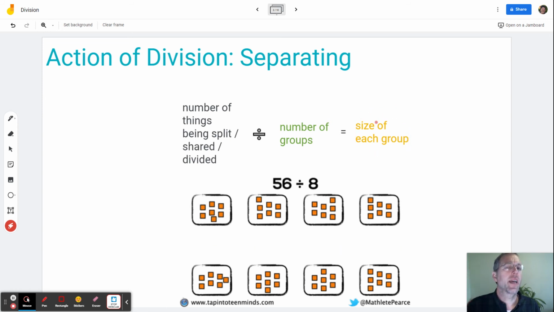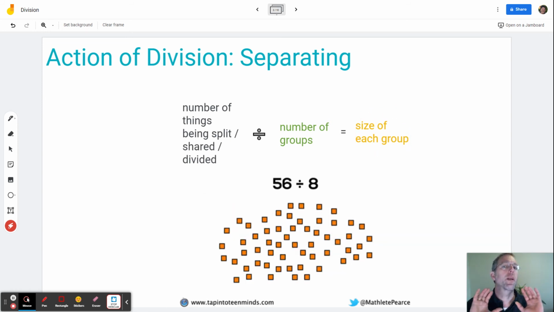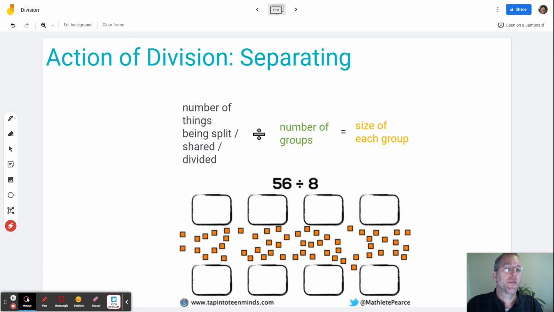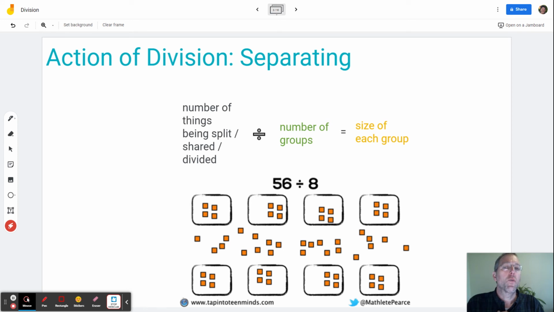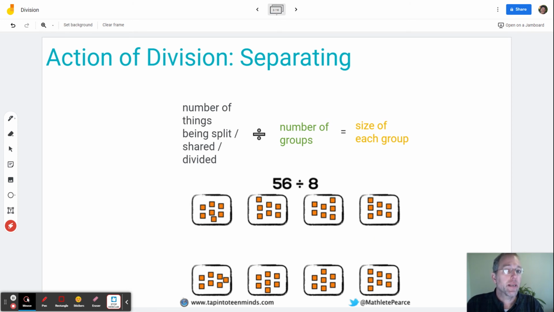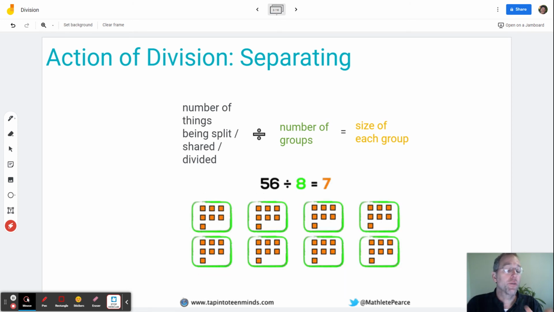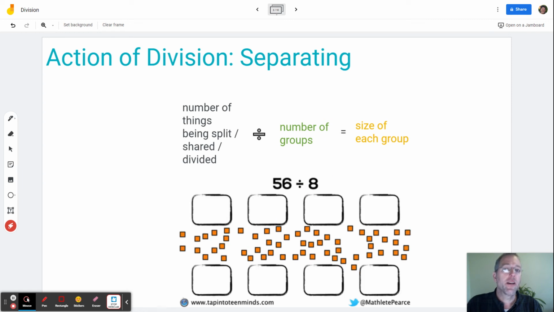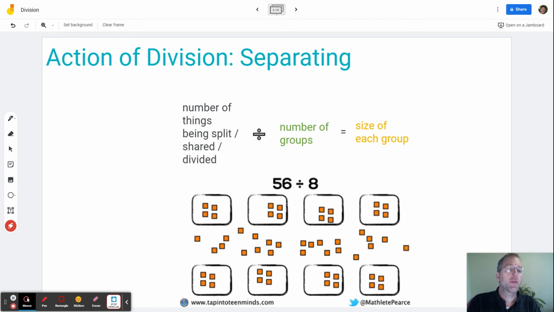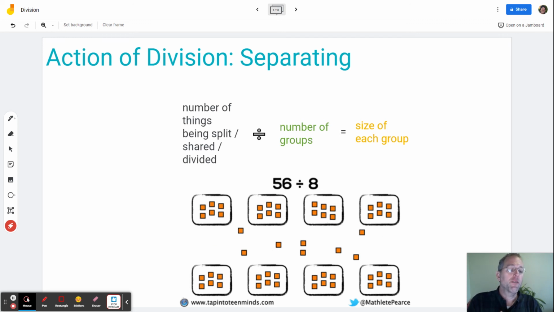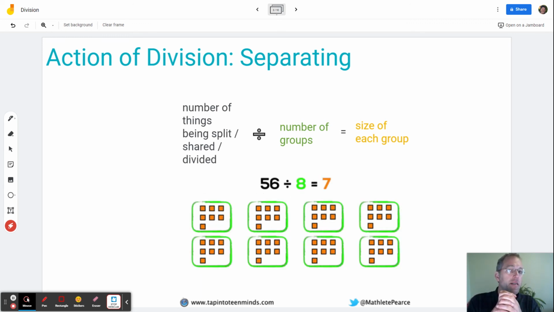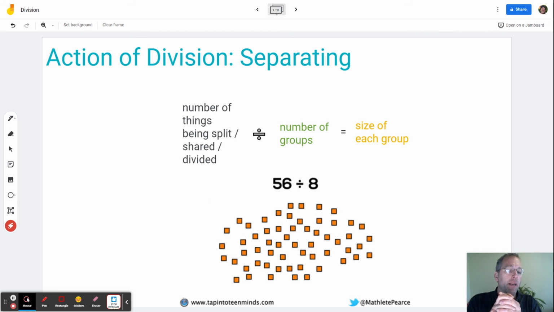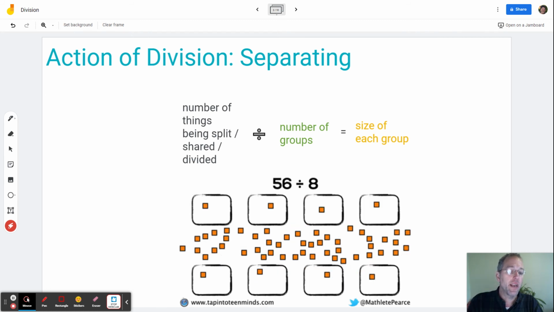With division especially, I think it makes a lot more sense when we put a story on top of the situation. So we're talking here 56 cards, 8 people. We want to share or split the 56 cards across 8 people and see how many cards each person gets. If you look at the picture right now, the 56 cards started in the center, then we got 8 rectangles, and now we're just dealing.